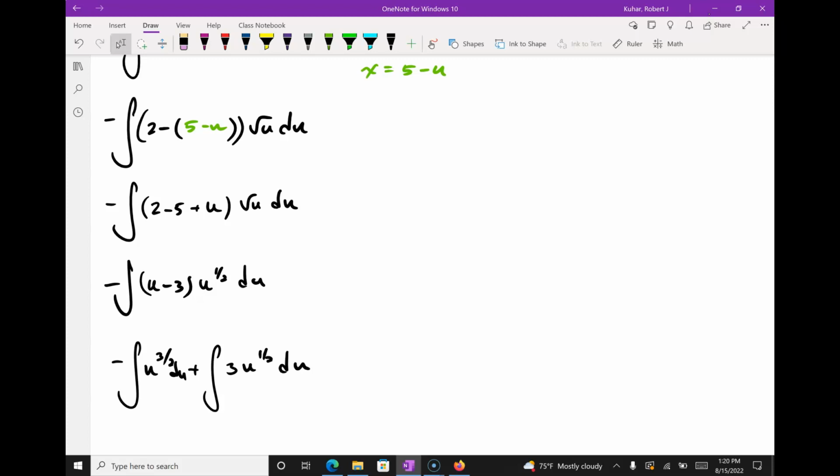You're splitting an integral into two integrals. So the 3 is negative, right? So it becomes positive.